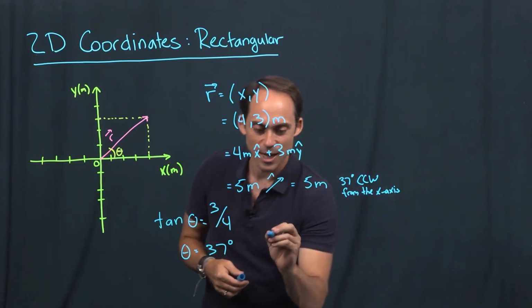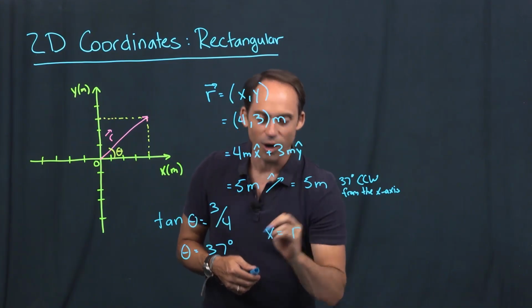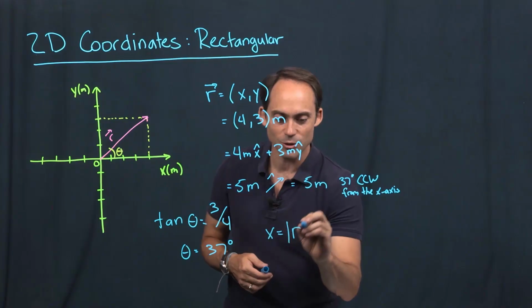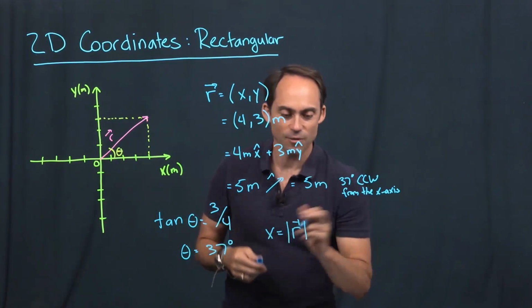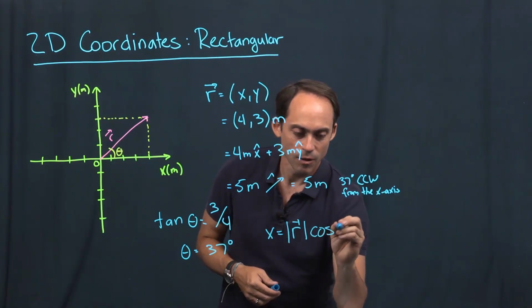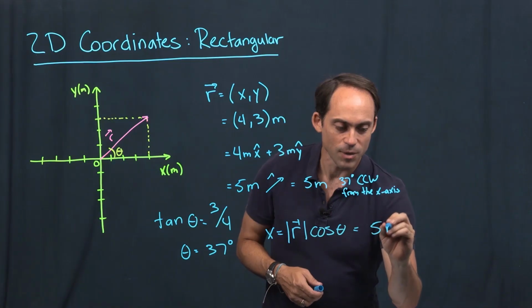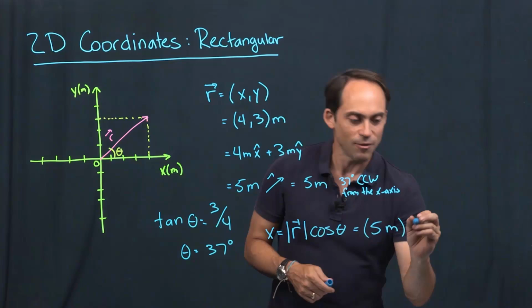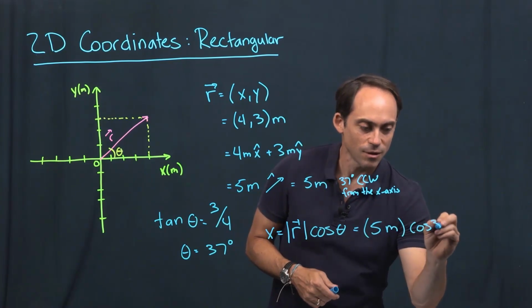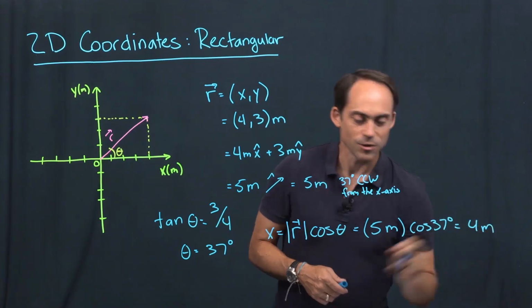And so I can write down x as the length of the vector r, that's the magnitude of our vector, times the cosine of the angle. We know that this is 5 meters as the length of the vector, and cosine of 37 degrees, which we would find out is equal to 4 meters.